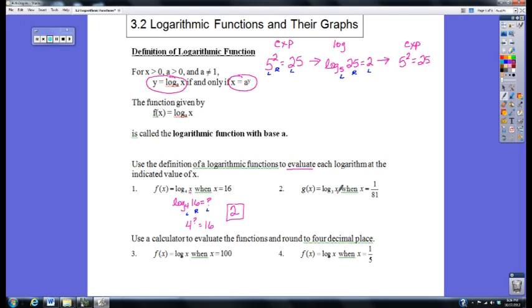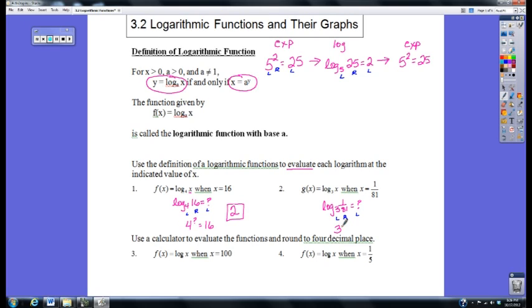Log base 3 of x when x is 1 over 81. Log base 3 of 1 over 81 equals something. Left, right, left.